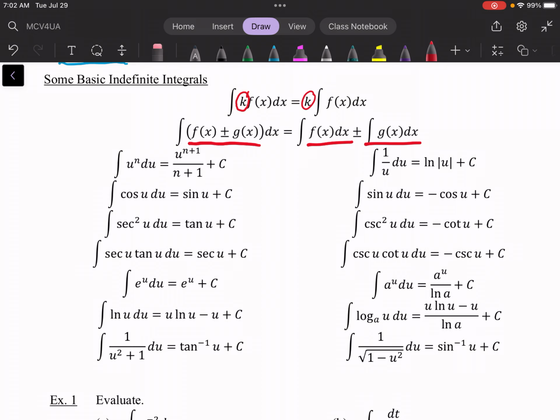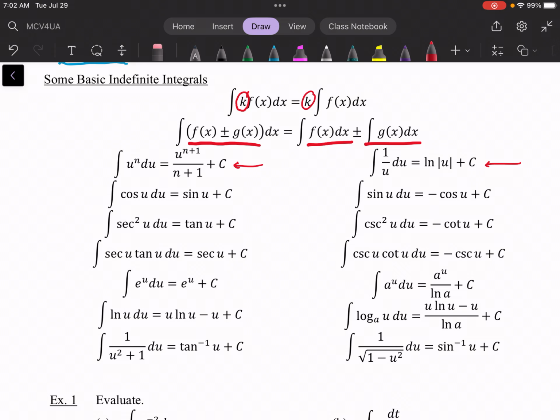The next bunch are basic antiderivatives that many people just memorize or remember because they know derivatives very well. The first one is kind of like the power rule backwards. Next is how to find the antiderivative of 1 over a variable using a natural logarithm.